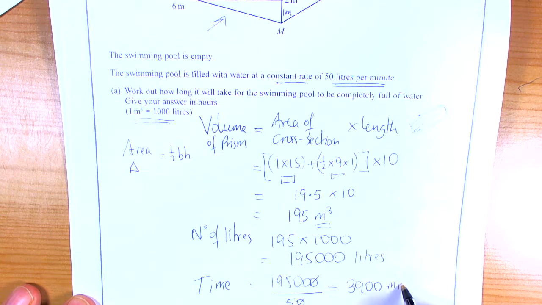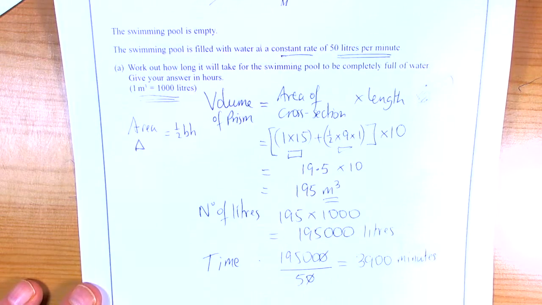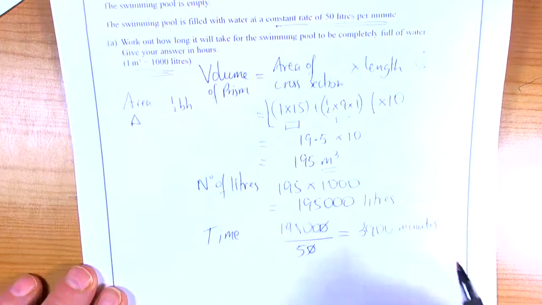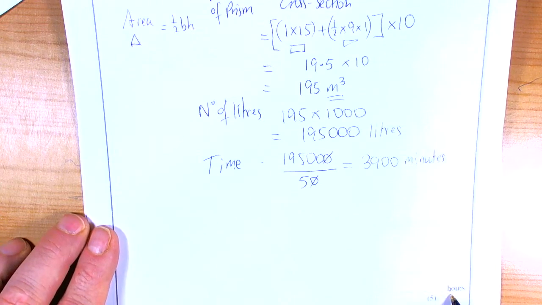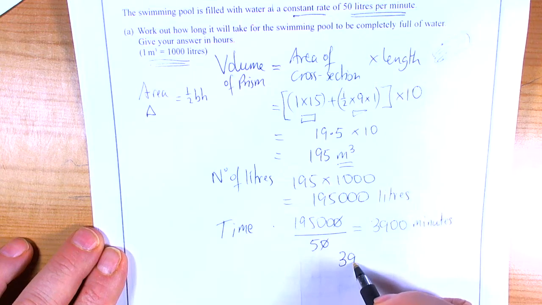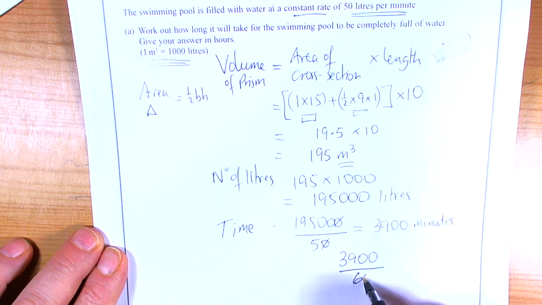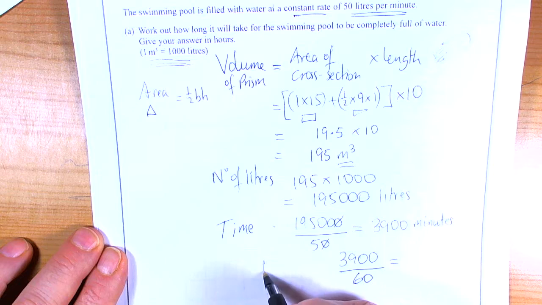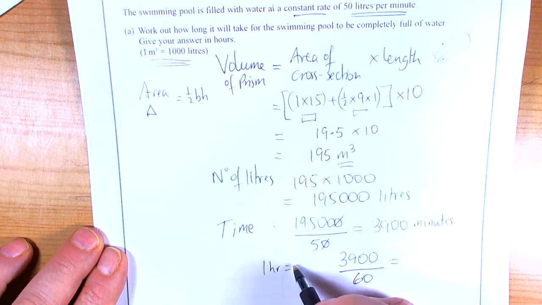So that's 3,900 minutes. But the question said it wants the answer in hours. So when we look at the answer line, we can see, to remind us, they want the answer in hours. So we must remember then to do 3,900 divided by 60, 60 minutes in an hour. So 1 hour equals 60 minutes. So again, we've been really careful with our method.